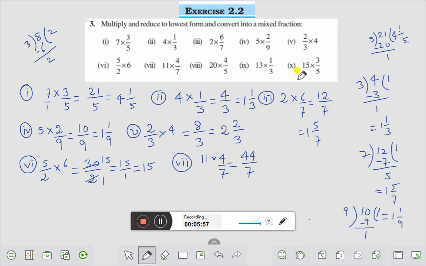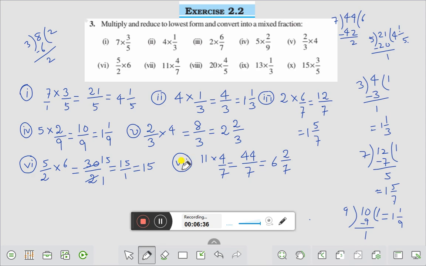You are getting 7 sixes are 42. 44 minus 42 is 2. That is 6 whole 2 by 7. This is the answer of question number 7.